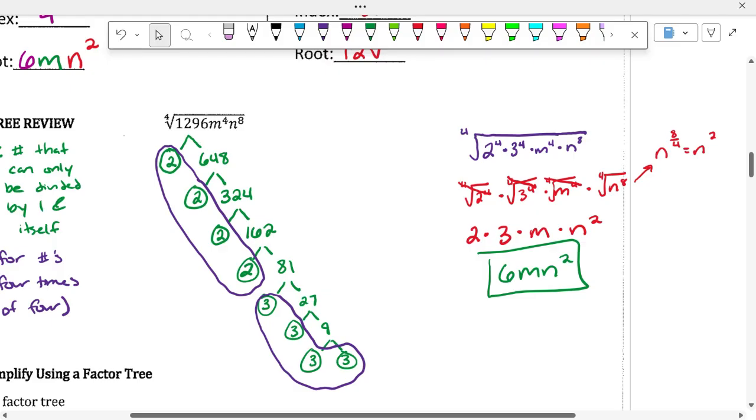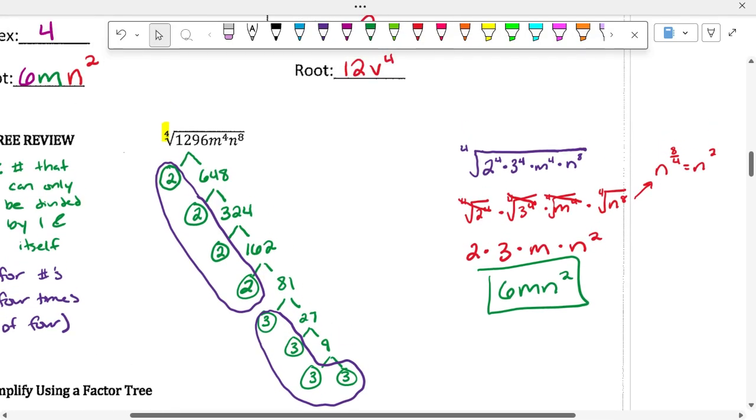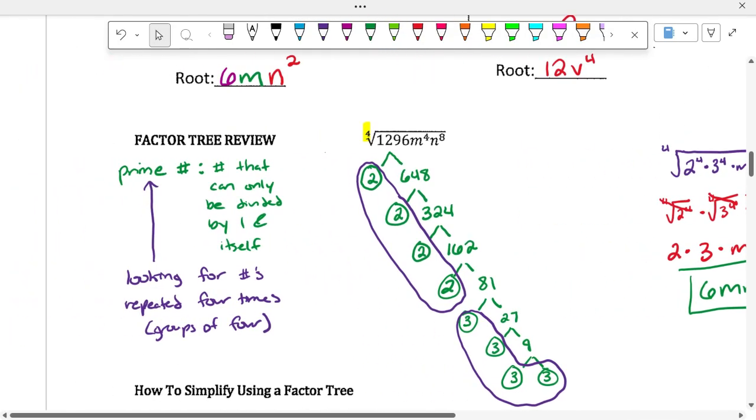So, in other words, if that number was not on that reference sheet that I gave you, that's how you can break it down. Whatever the index is, that's the number of numbers that should be in one group. All right, and it has to be the same number. So if it was a square root, you will be looking for pairs.